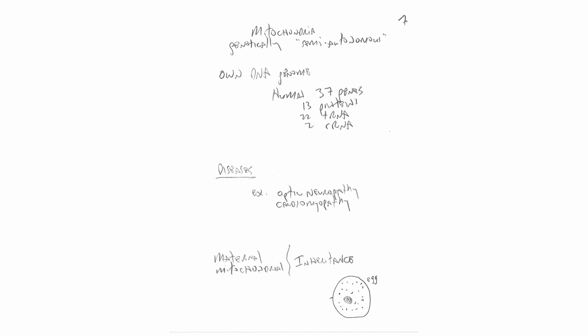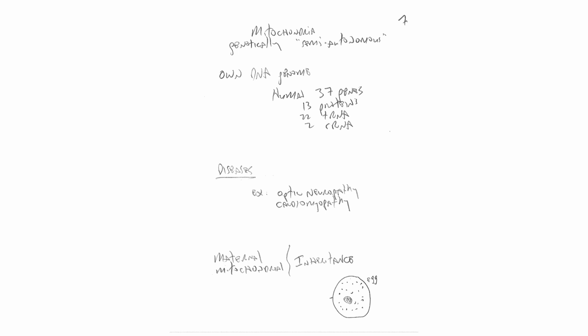But there are many mitochondria in the egg cell, and many copies of DNA, and not all of them may be defective. So some of her mitochondria may be defective and some may not.